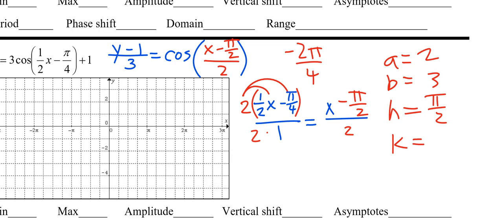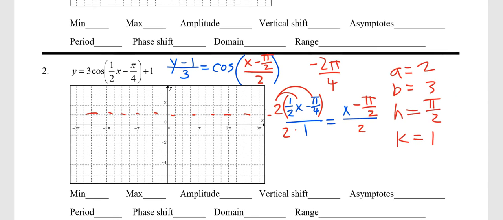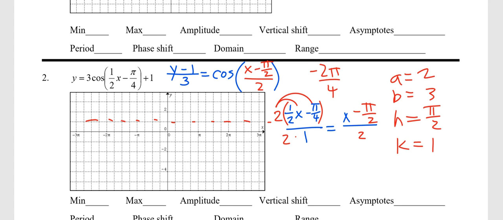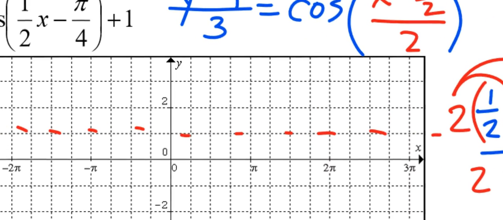And K: positive 1, right? So we've got our center line. We've got our HK, pi over 2, 1.